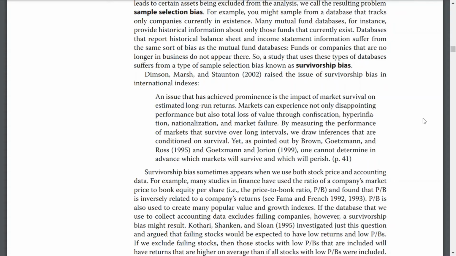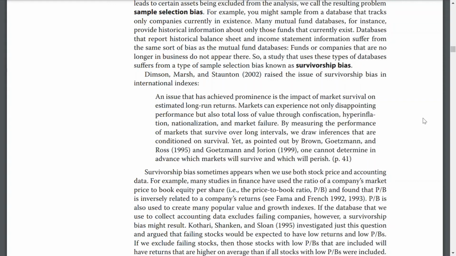By measuring the performance of markets that survive over long intervals, we draw inferences that are conditioned on survival. Yet, as pointed out by Brown, Goetzmann, and Ross in 1995, and Goetzmann and Jorion in 1999, one cannot determine in advance which market will survive and which will perish.